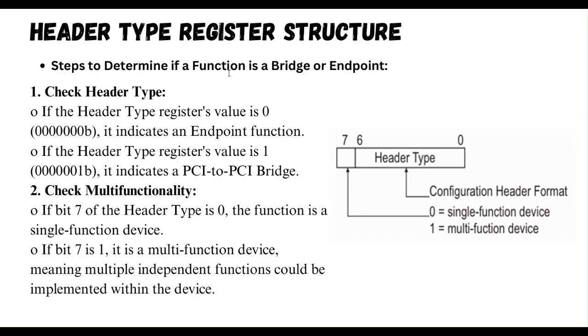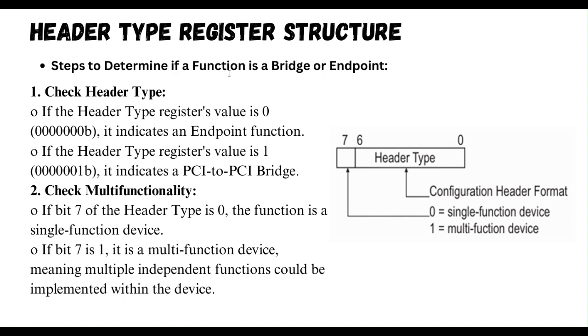Let us get started with one last topic, that is the header type register structure. Earlier we discussed that to determine whether a PCI function is an endpoint or a bridge, we use information from the header type register, which is at offset 0EH in the PCI configuration space header.